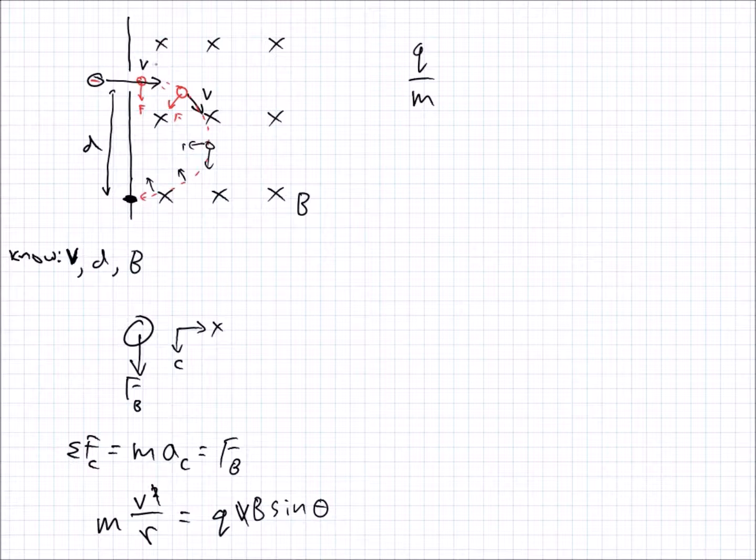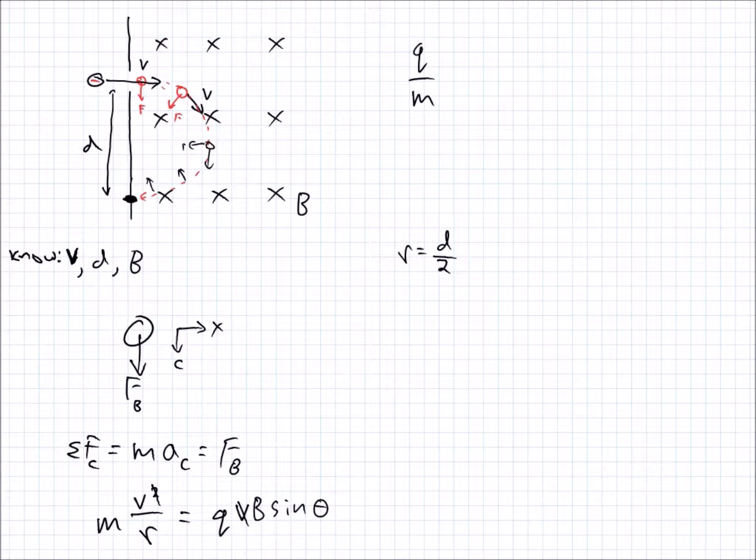So from my half circle picture, it's clear actually what the radius of the circle is. It's half of this distance d that we know. Okay, so that's not so bad. So r is equal to d over 2. And as for the theta, well, that's the angle between the magnetic field and the velocity. The velocity is in the plane of the screen.